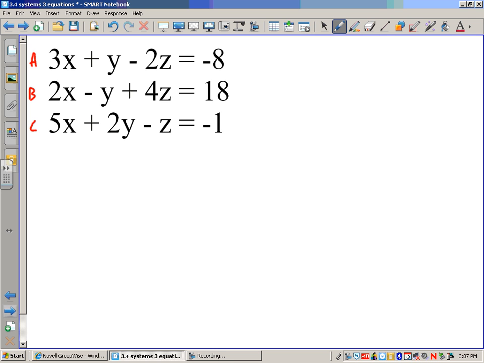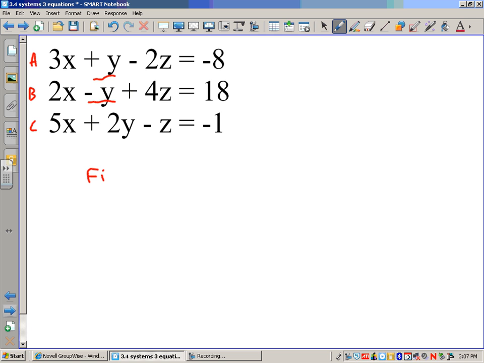That's your choice. But if I look at this right here, A and B, those Y's could eliminate right away because they're already opposites.